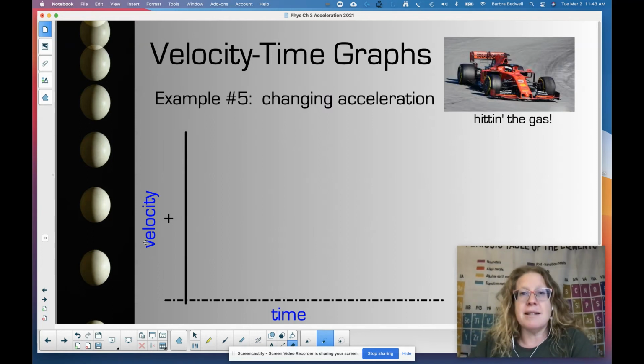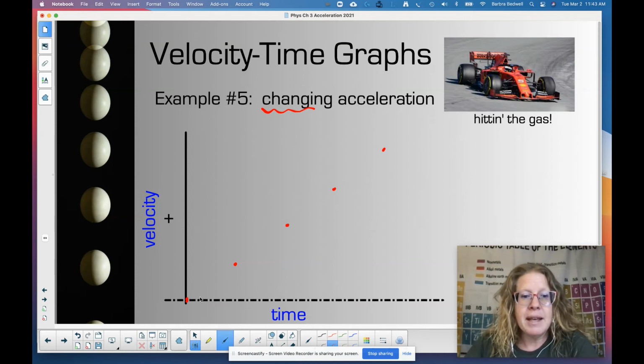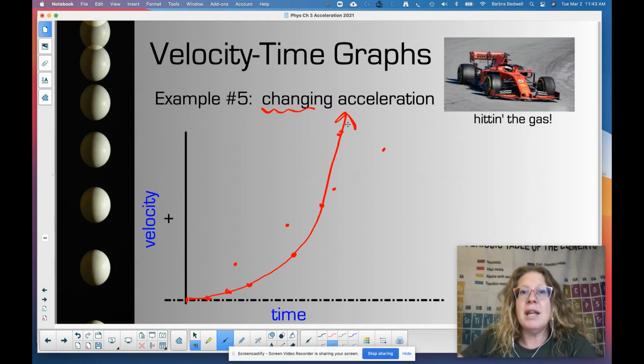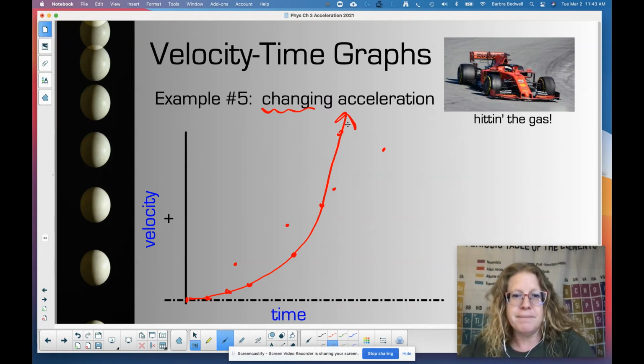So with this, instead of having a nice straight line, oops, got to get my pen back. Instead of having just a nice straight line where it's changing its velocity in a constant way, if it's changing its rate, starting off slow and then hitting the hammer, it may look more like this. Your velocity is kind of slow, and then as you pick up speed, you really get faster.